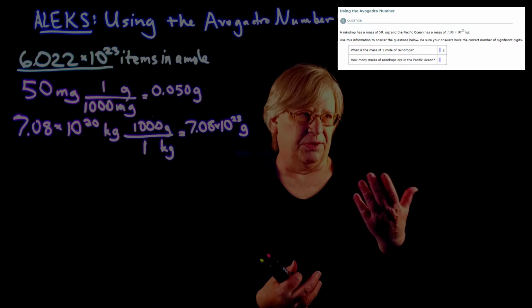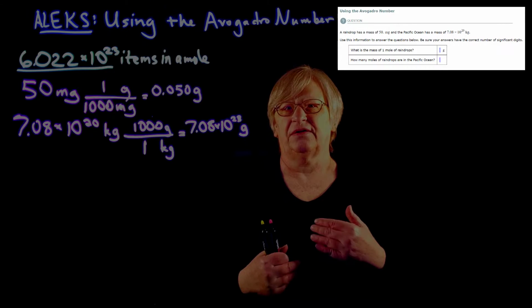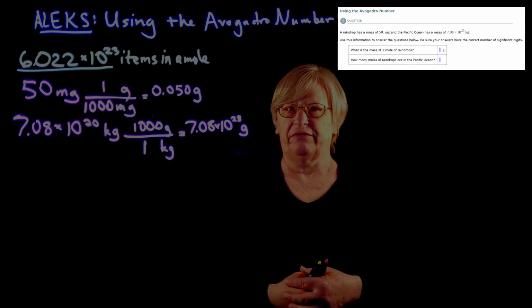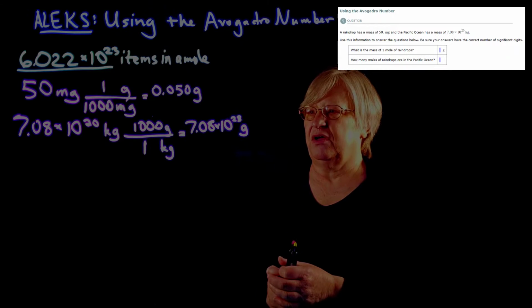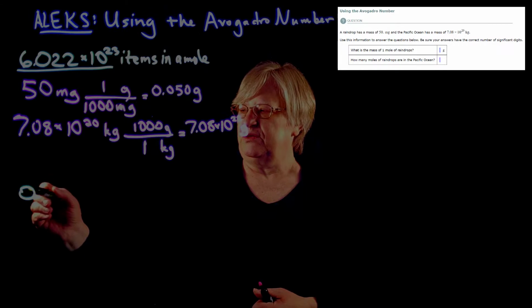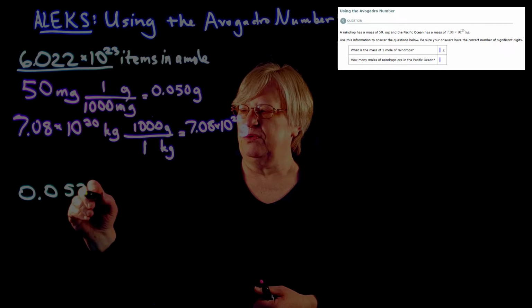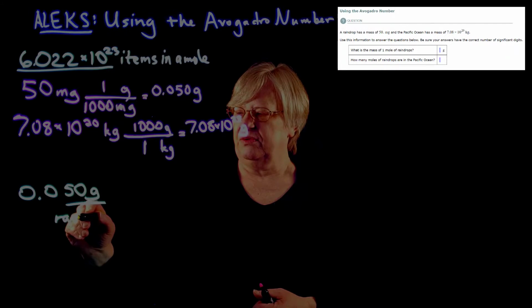So looking back at our problem, the first thing it asks us to find is the mass of 1 mole of drops, right? So we have figured out the mass of 1 drop in grams. So let's take that, 0.050 grams per raindrop.